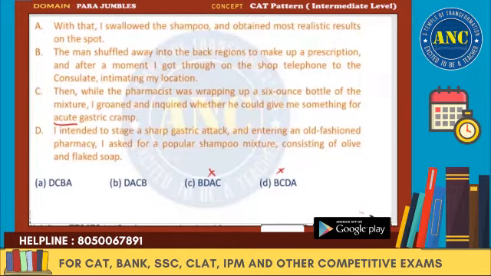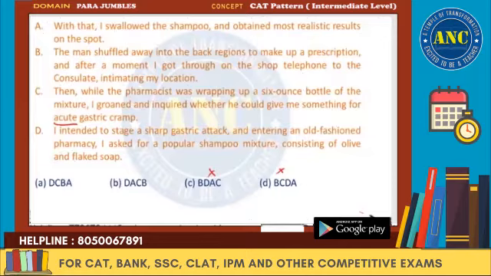So DC, then B. "He went into the back regions to make up a prescription, and after a moment I got through on the shop telephone to the consulate, intimating my location." So this person, whoever is the narrator of this incident, he wanted to speak on the phone to his consulate and tell them about his location. That is why he has created all of this drama.